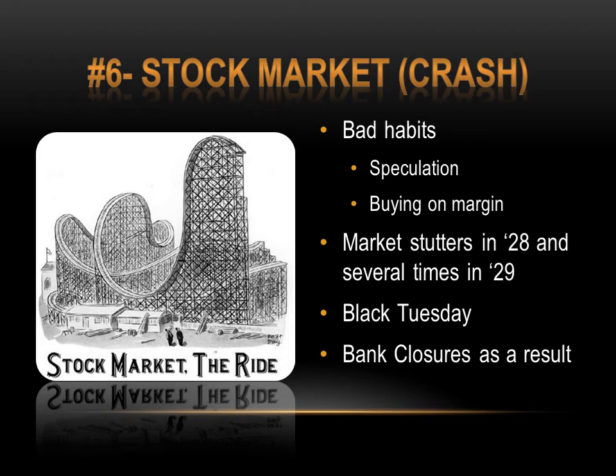And it takes several big hits throughout September and October that year. But of course, what everybody remembers is Black Tuesday, October 29th of 1929. It takes that huge hit and then just plummets, and people begin to sell.